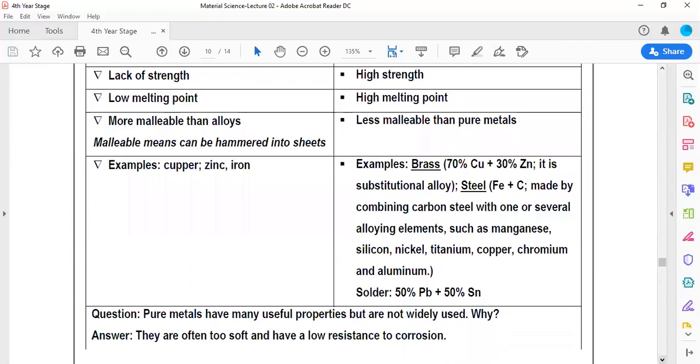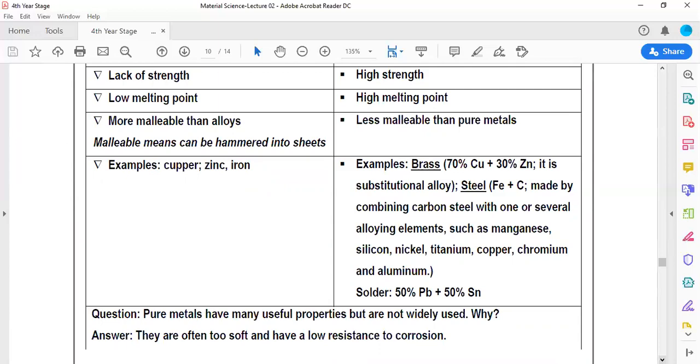Just to give you some examples about metals like copper, zinc, like iron, you know them, and alloys like brass and steel and solder. These are alloys. So brass is 70% copper and 30% zinc. It is a mixture of two elements. As you see, the copper is the major one, and the zinc is the minor one. And this type is called substitutional alloy. We will explain this.